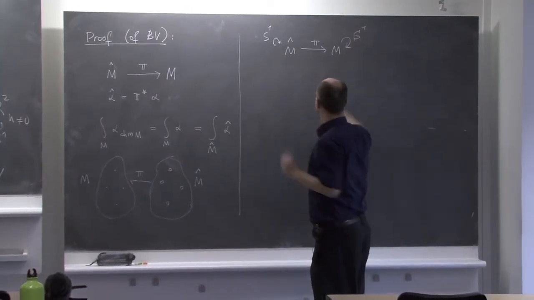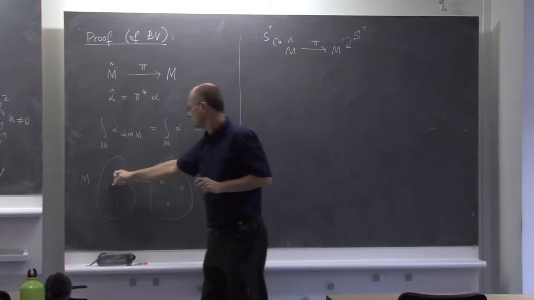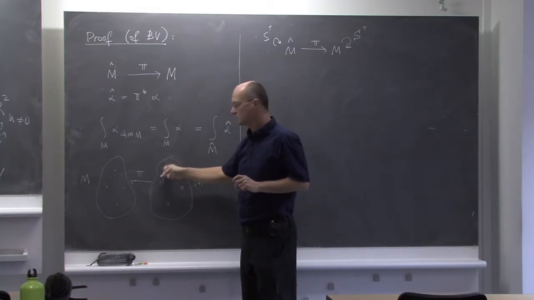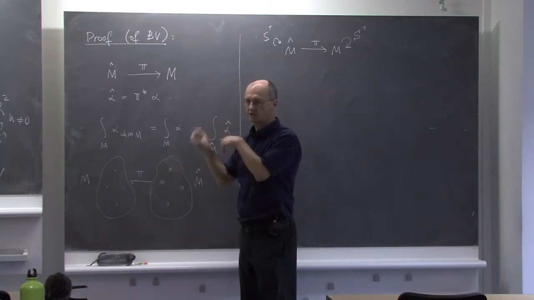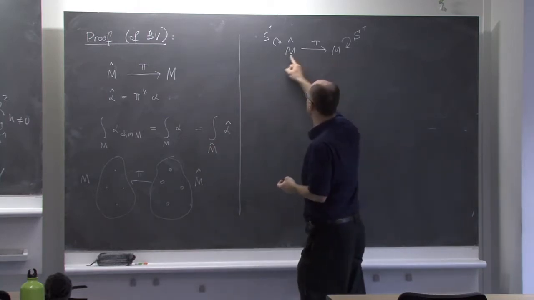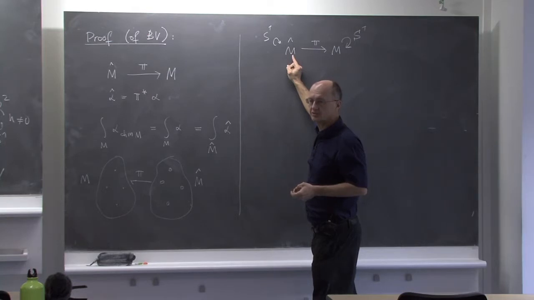The only fixed points of the S1 action on M were the points where we made a blow-up. We replaced them by unit spheres, and on those unit spheres, the S1 action has no fixed points, right? So all in all, on M hat, there are no S1 fixed points.